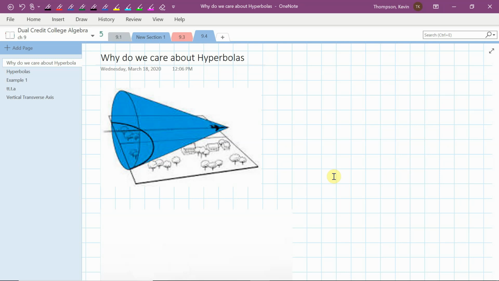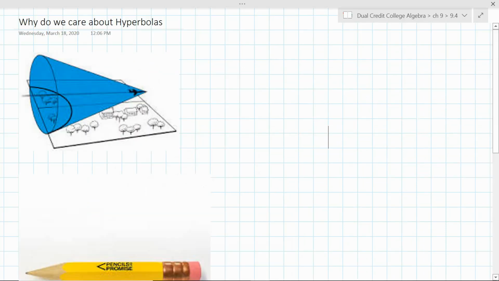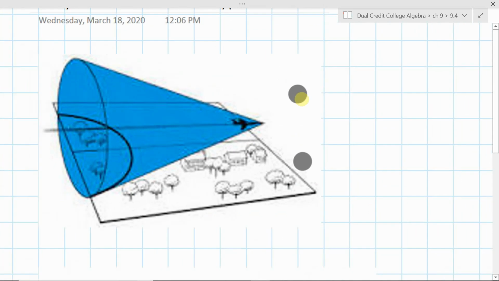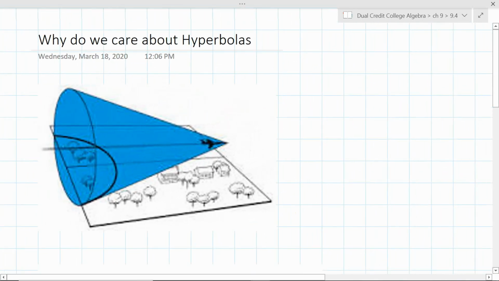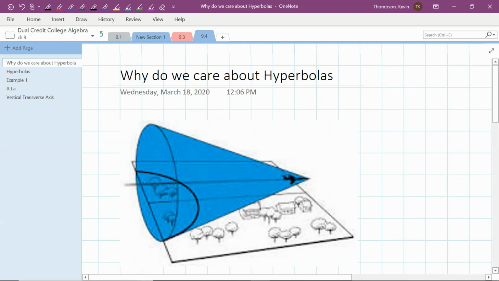So first, why do we care about hyperbolas? That's a good question that we should address with each of these. And there are plenty of videos of this if you search YouTube. When a jet breaks the sound barrier, there ends up being this compression, kind of a wave going behind it.